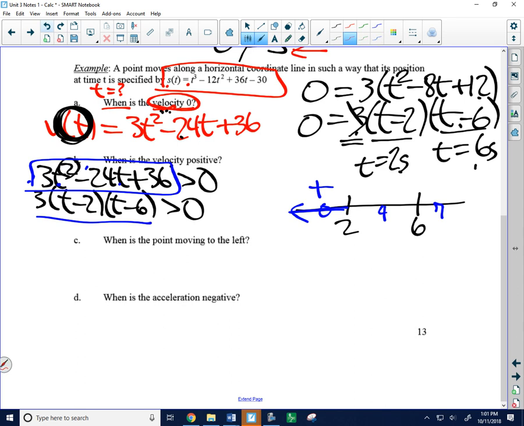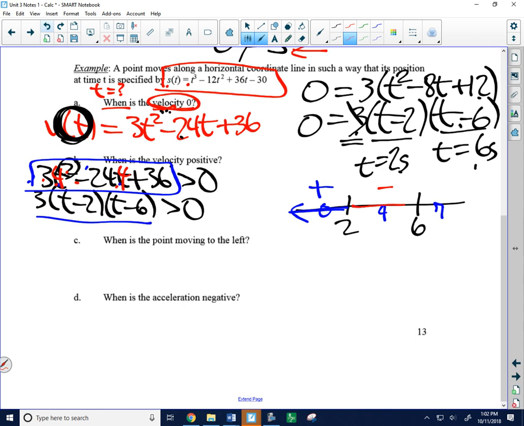Okay, I try out 4. So I put in 4 now for t. I'd like to not take too much time on this because it's just a calculation: 4 squared times 3 minus 24 times 4 plus 36. When you do it on a calculator, or work it out by hand, either way, you would get a negative value.